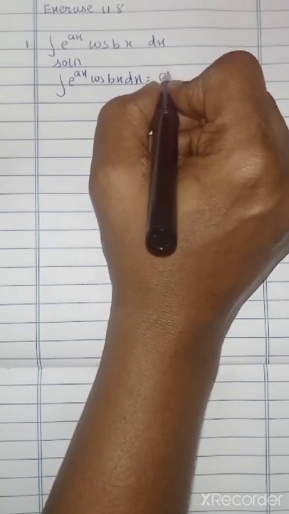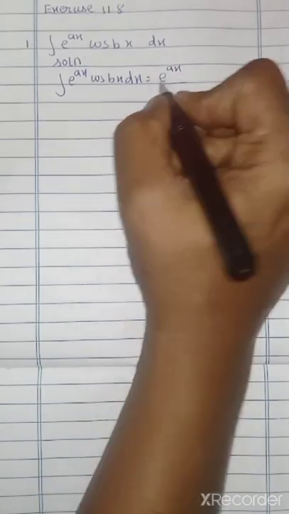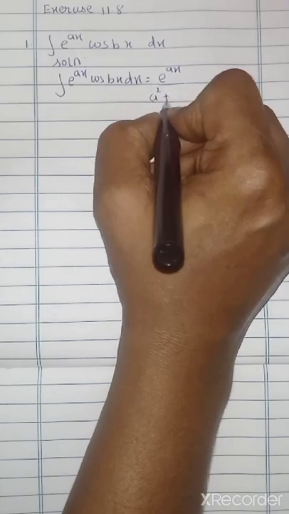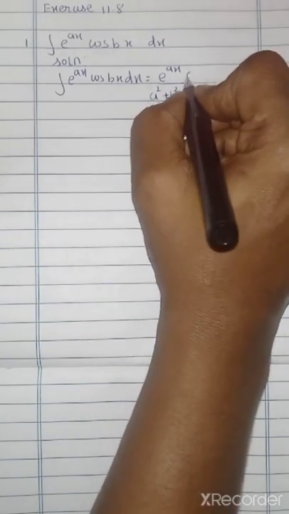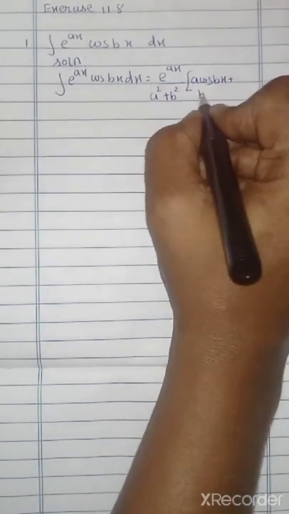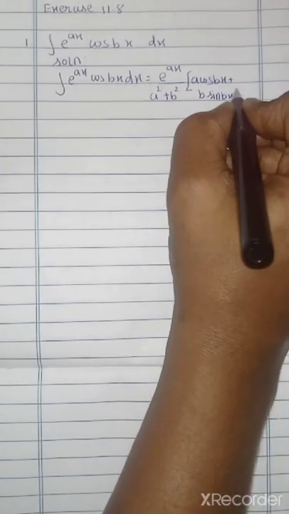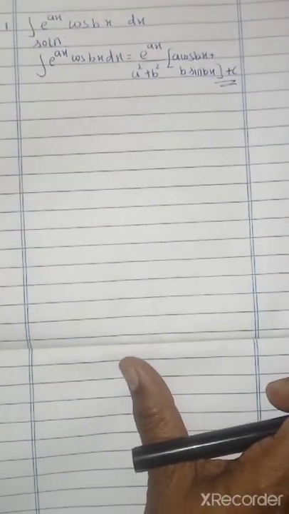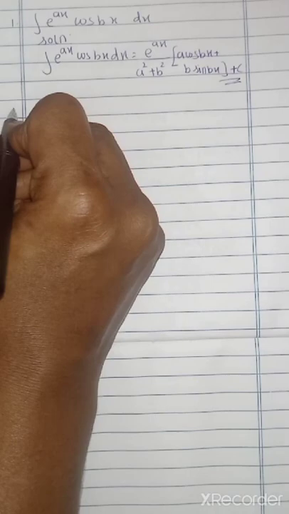E power ax by a square plus b square into a cos bx plus b sin bx plus c is the final answer. So in this exercise we directly use the formula.